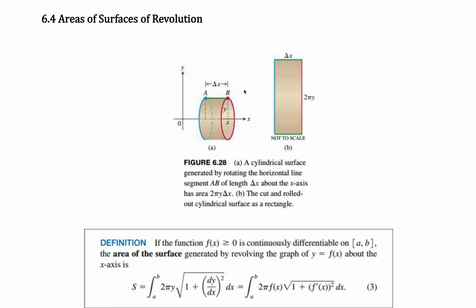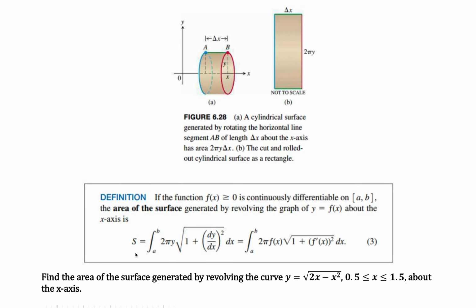Now, most of the time when we're going to be finding these surface areas, we're not going to be starting with a very simple horizontal line segment, but we're going to have a curve which might have some dips and some valleys in it. So the formula here for surface area is going to be very similar, and you're going to see a lot of similarities with the formula that was introduced in the last section for the arc length.